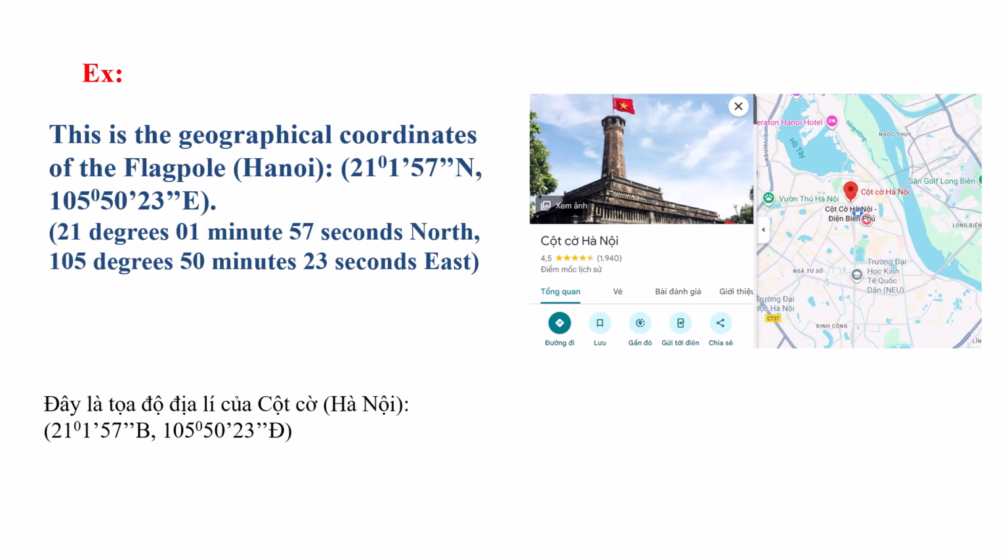Example, this is the geographic coordinates of the Flagpole of Hanoi: 21 degrees 1 minute 57 seconds north, 105 degrees 50 minutes 23 seconds east.